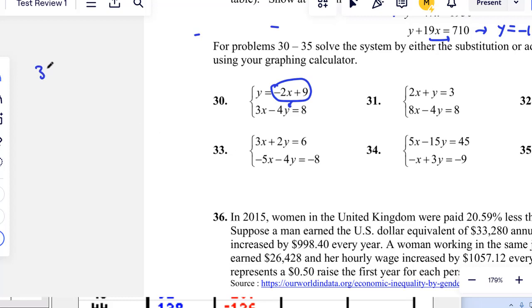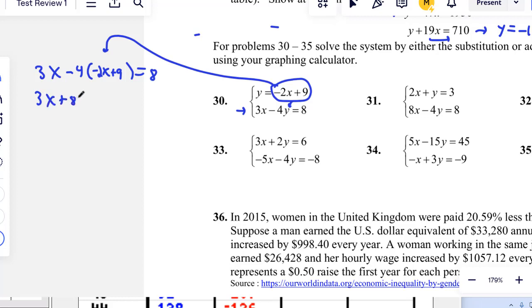So instead of 3x minus 4y, we know that y equals everything I've circled, so I can put in negative 2x plus 9, and that all equals 8, right? Looking at this bottom equation. So we do the math, we get 3x plus 8x minus 36 equals 8.